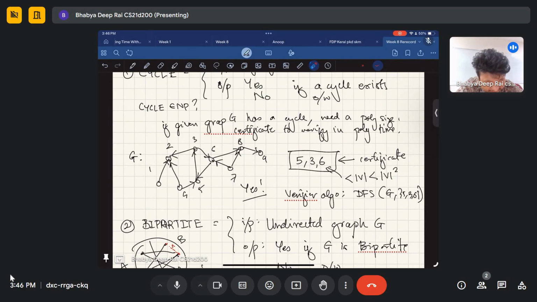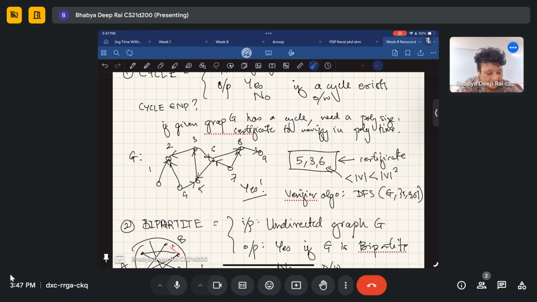You'll give me the vertices, for example, 5, 3, 6. You'll tell me, look here, 5 to 3, 3 to 6, and 6 to 5. This forms a cycle. Then I will check the adjacency matrix and say, yeah, this is a cycle. So 5, 3, 6 is actually a valid certificate for this instance of the cycle problem.